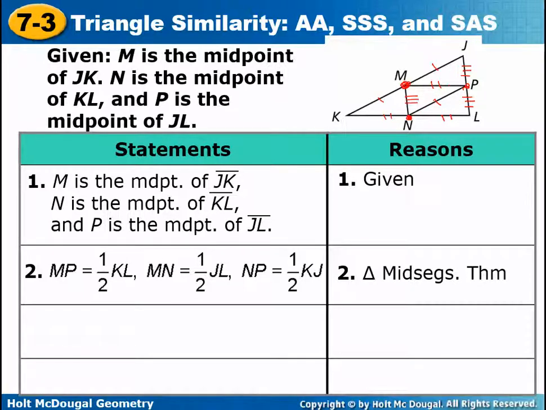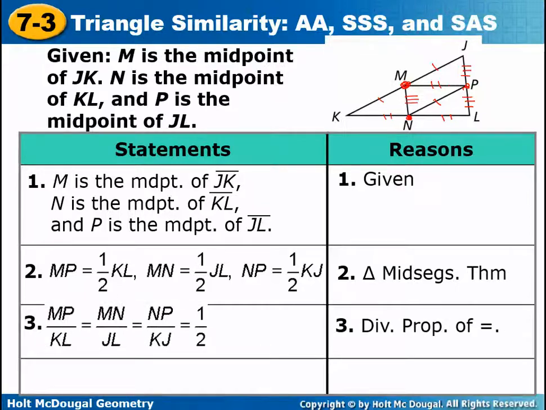Isn't that nice? All right, we are trying to prove what? I didn't write what we were going to try to prove here. Sorry about that. That means I just divided both sides by KL, and I got MP over KL is 1/2, MN over JL is 1/2, and NP over KJ is 1/2.